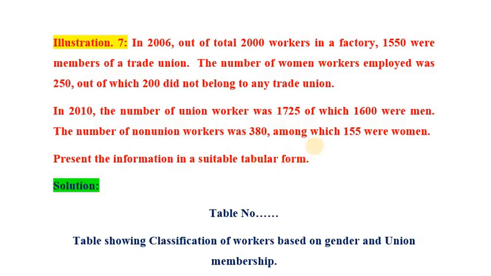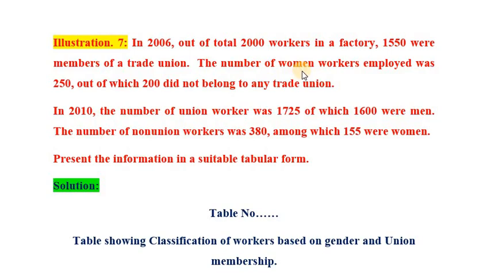This is the problem. As earlier I have mentioned, as soon as you read the problem, first identify the variables that are comprised in this problem. We have come across three variables here. Number of year is one variable and gender is another variable, that is male and female, because they have mentioned number of women workers and the men workers.